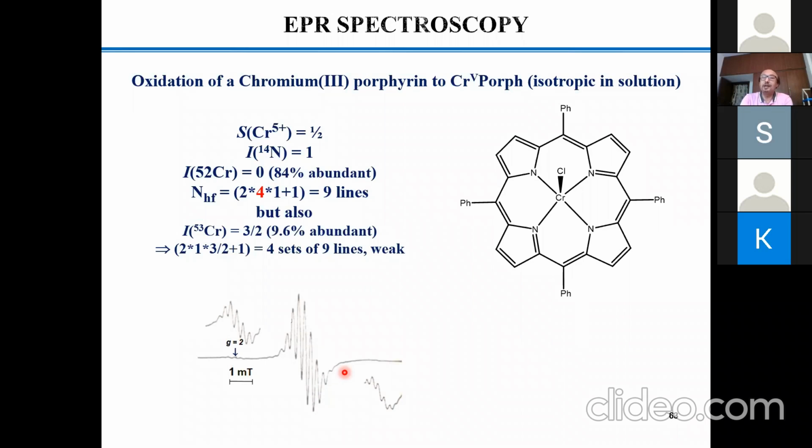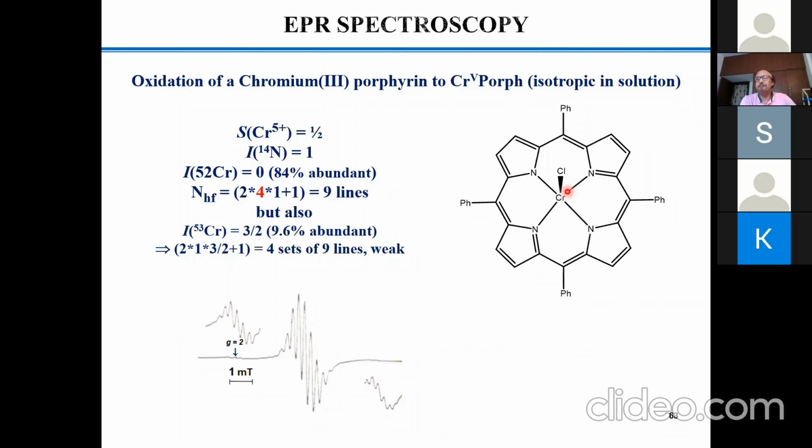Well, one could argue why it is not so. At the X-band level, chloride has not been resolved. Even if you do the simulation, you won't see any further splitting because of the chloride. Chloride is 3 by 2, don't forget. One could expect an additional 4 lines.